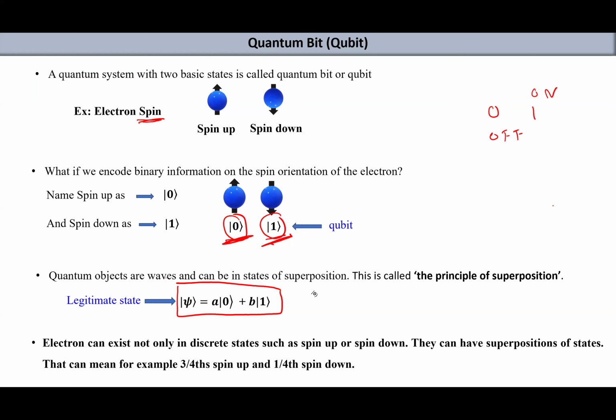For example, when I was writing this, let us say C1 Sz plus and C2 Sz negative, or maybe C1 0 plus C2 1. This is a superposition state. This state is also a possible state in quantum mechanics.